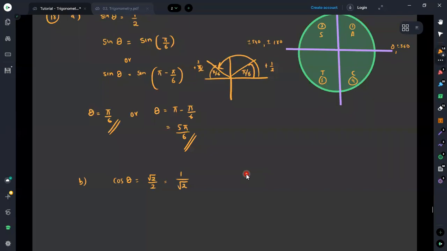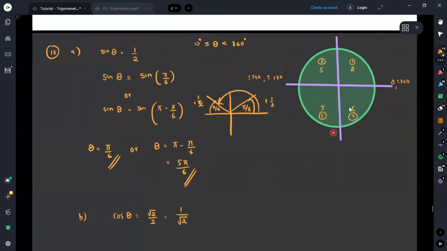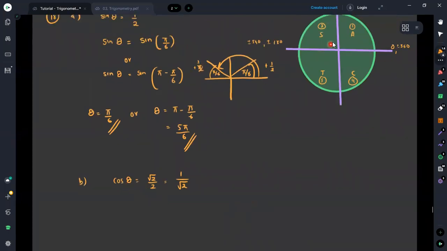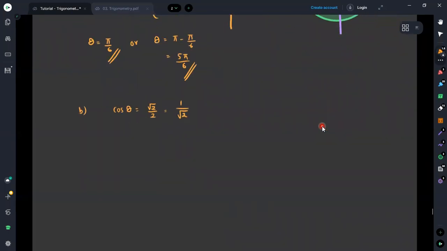According to the region of theta, it can be in all four quadrants, but the angle should be measured in the anticlockwise direction. But the associated acute angle can be in whatever direction we are considering. Therefore, we'll try to find the acute angle associated with 1 over root 2. Simply, this is positive in the first quadrant definitely.